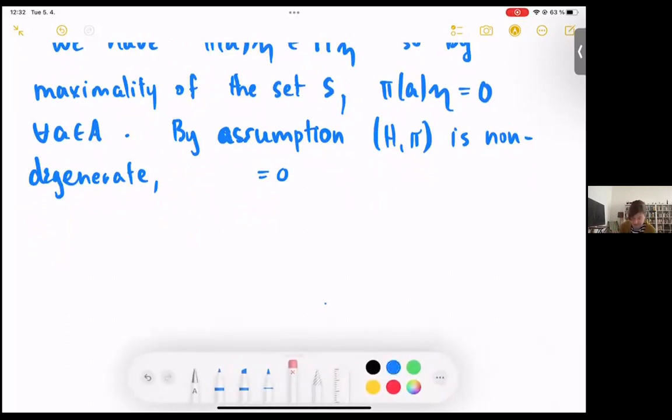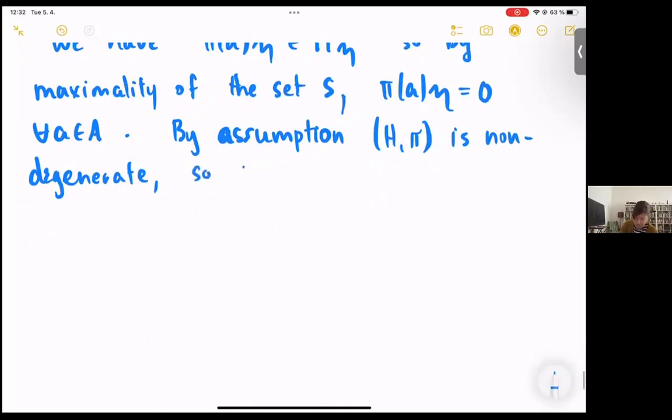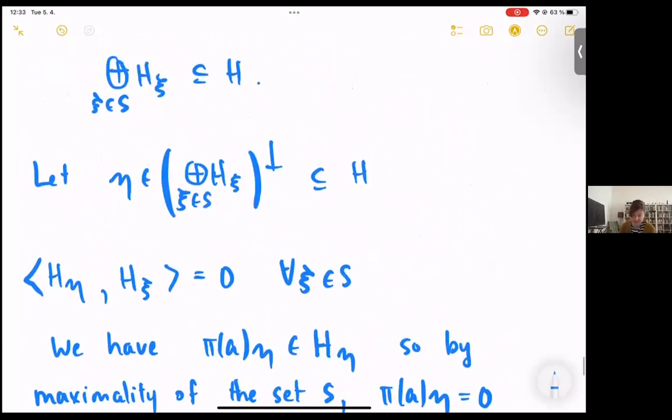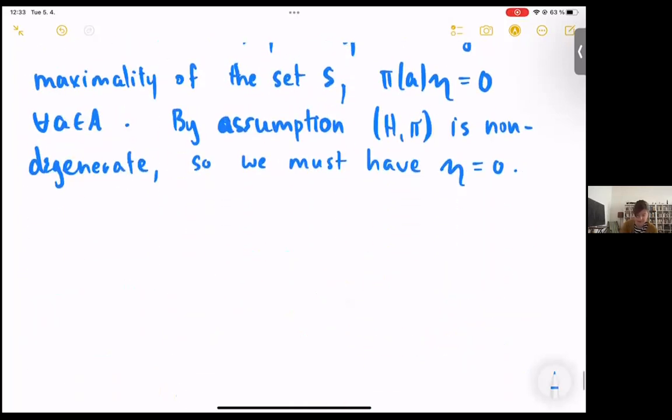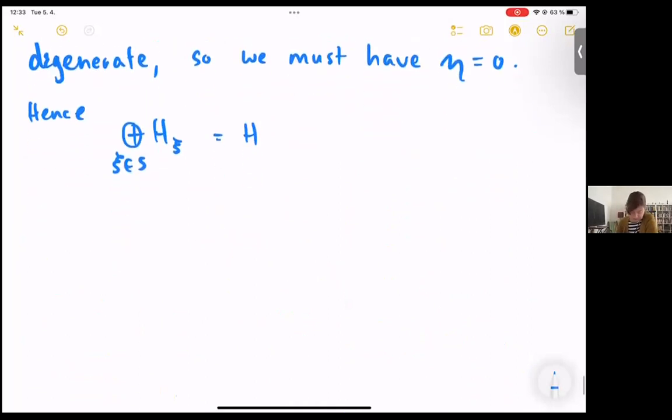We just decided that this holds for all a, which means that eta itself is equal to 0, which means that there's nothing but the zero vector in the orthogonal complement. So this is in fact everything.